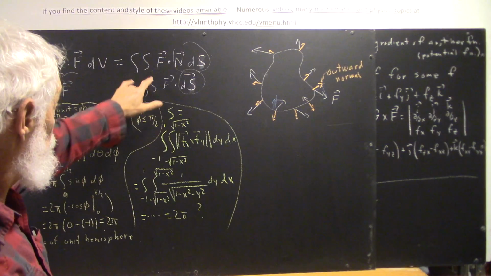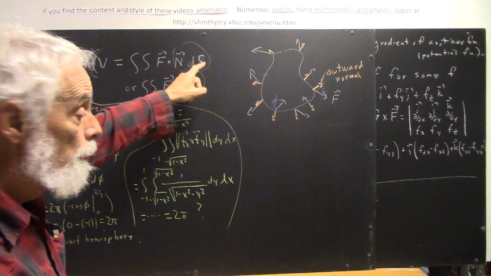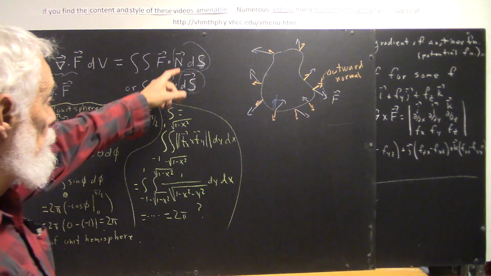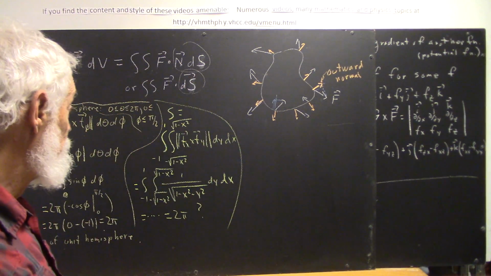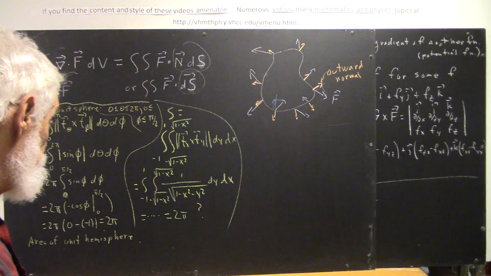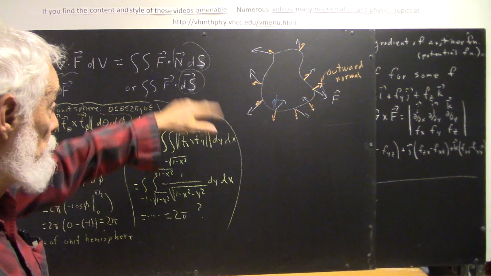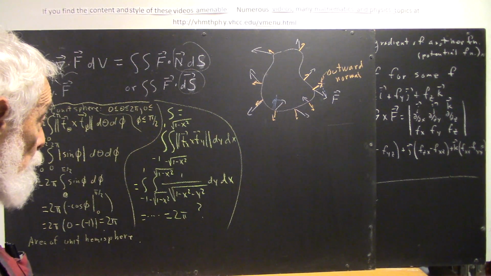And that's a double integral. It's a surface integral. We integrate F dot N over the surface. And we sometimes call this N dS the vector dS. And these are capital S's, not little s's. Little s's go with line integrals. Big S's go with surface integrals. And you can tell by the context which you have.